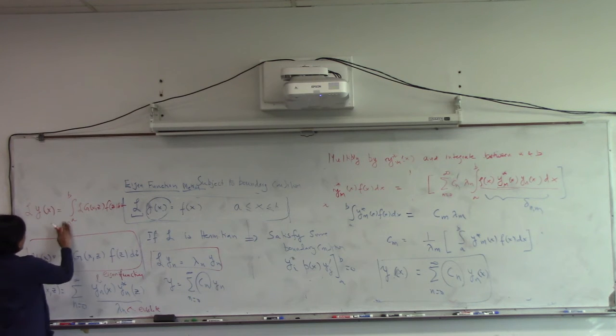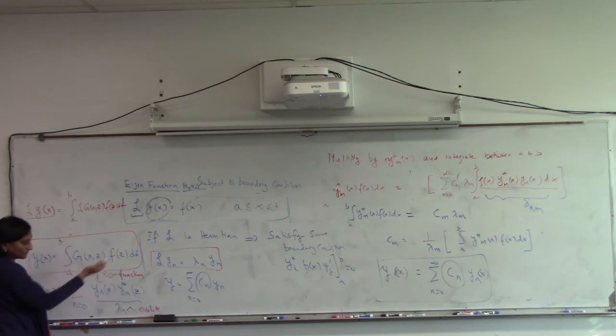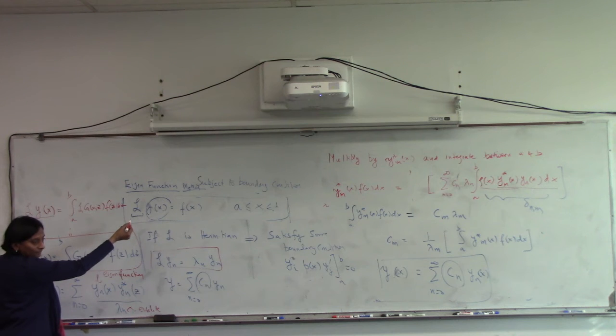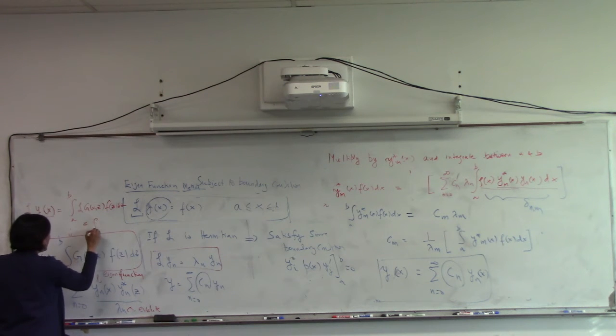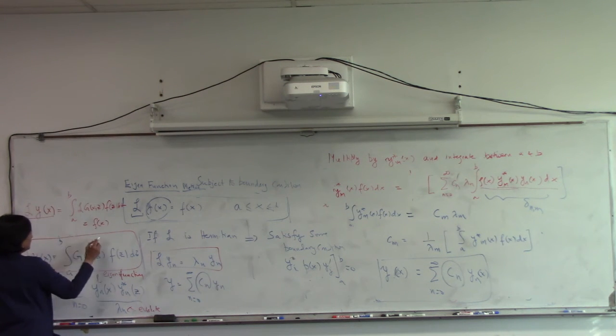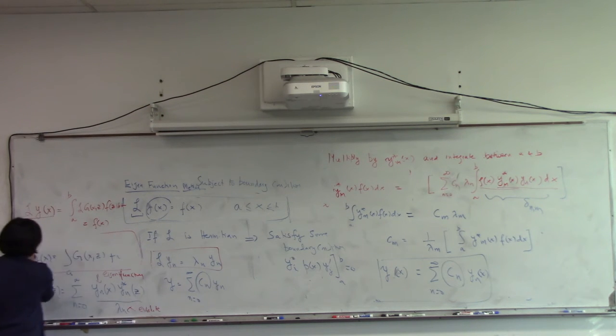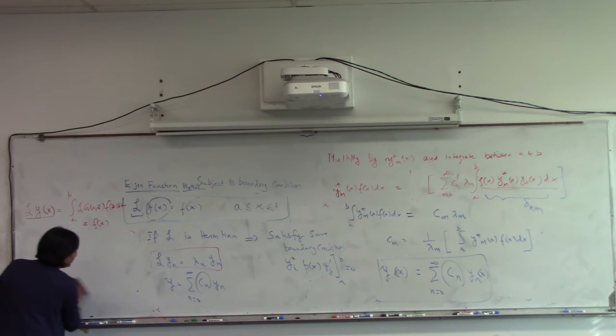And what is this? L operating on y is also what? That is the inhomogeneous equation I'm trying to solve, right? So this is also equal to f(x). So what can I say about G(x,z)? What can I say about L operating on G(x,z)?